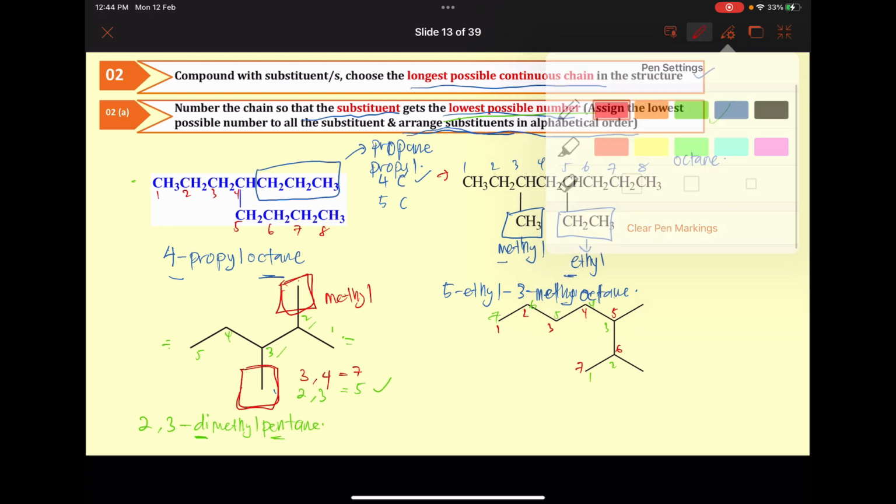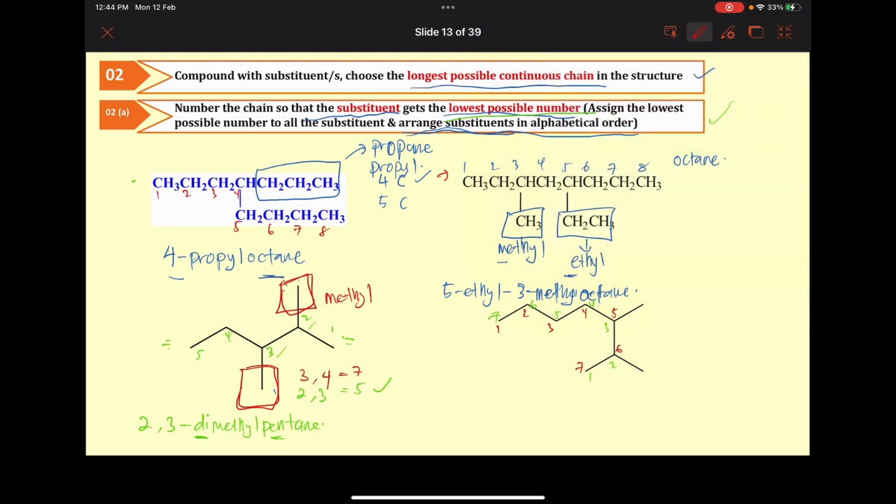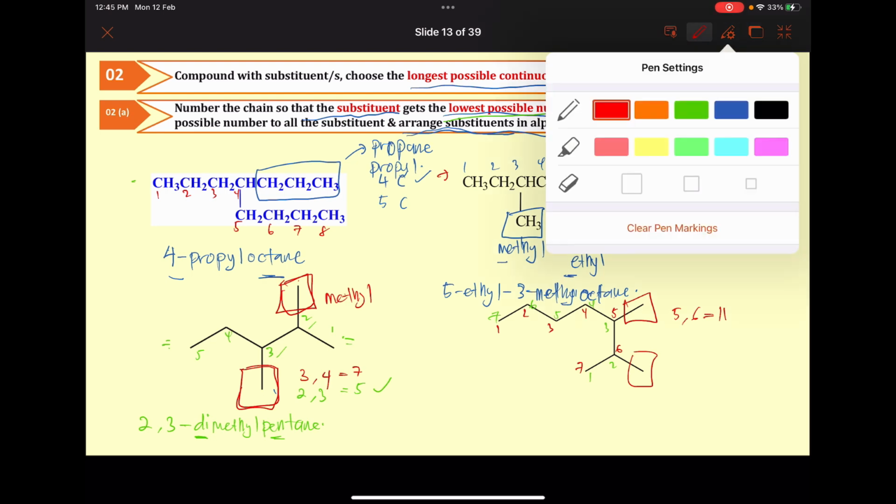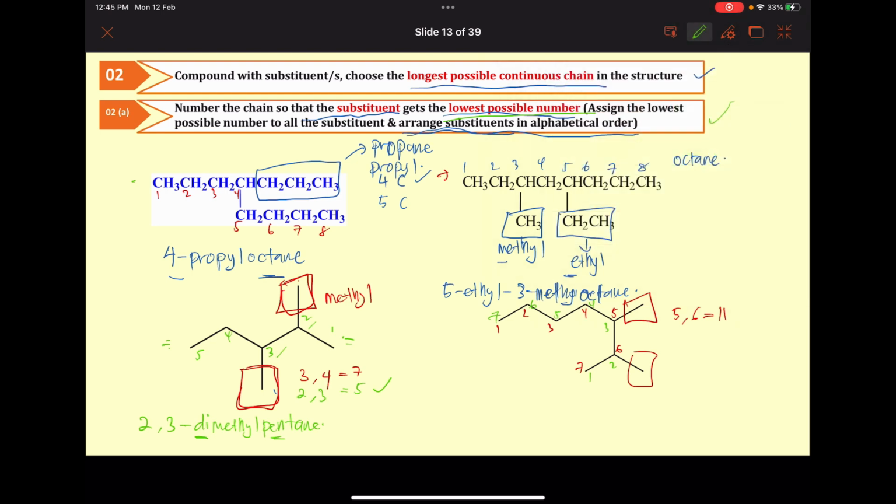Okay, so if we follow the red route, the substituents attach at carbon 5 and 6. Total is 11. And when we follow the green route, the substituents are attached at the 2nd and 3rd carbon. So the total number is 5.